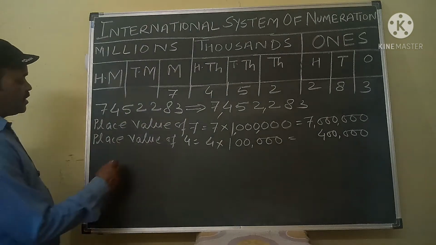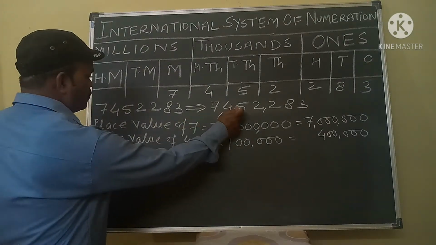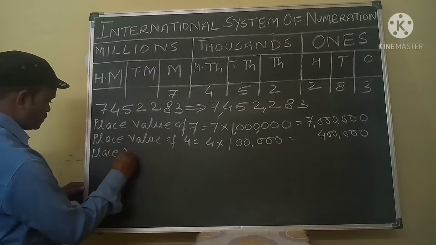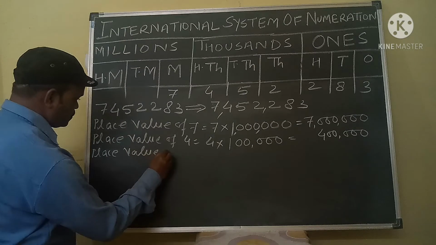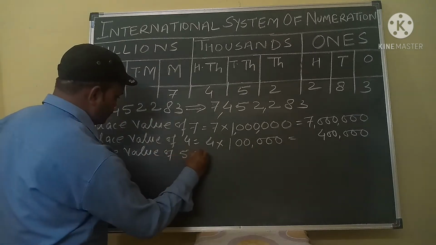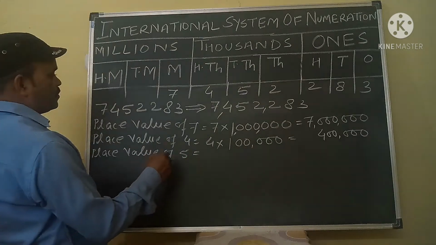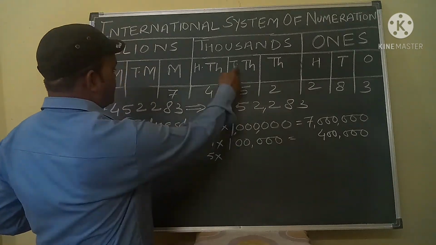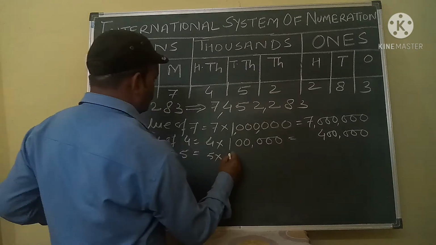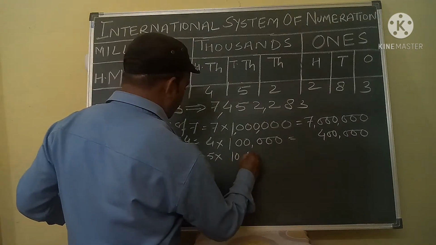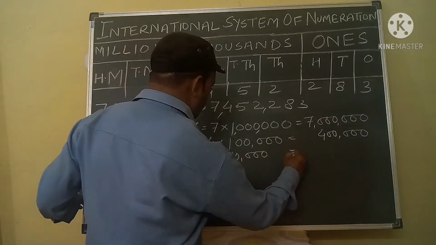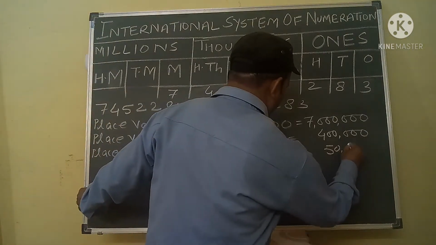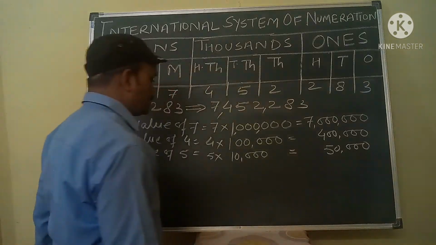Then after we will take out place value of 5. Place value of 5 will be, 5 is in 10,000 place. So 5 multiplied by 10,000, it will give to you 50,000.